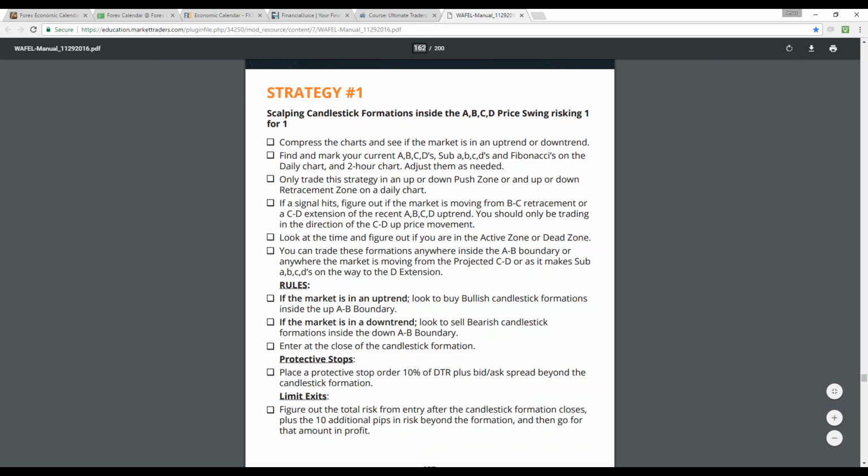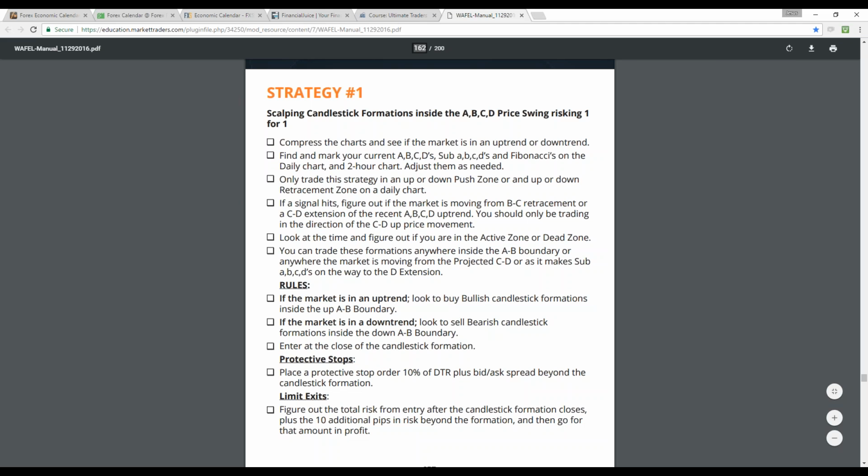So we should look for that push zone from the larger time frame and trade it on the lower time frame. In this case, we look to identify the setups on the daily, and we look to trade them on the 2-hour.